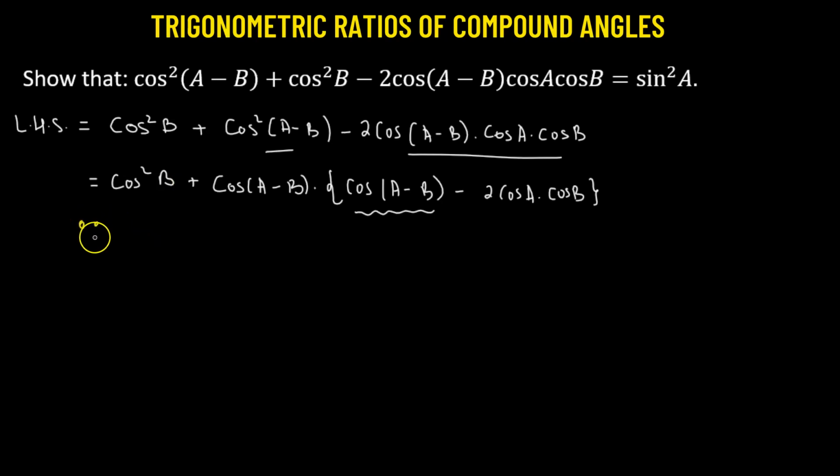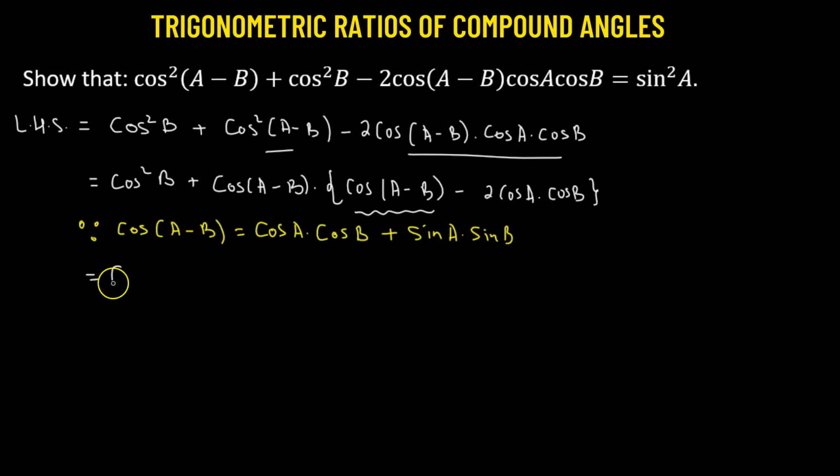Here we know for a fact that cosine of angle (A minus B) can be expanded to get cosine of angle A times cosine of angle B plus sine of angle A multiplied by sine of angle B. So this gives us cosine squared B plus, we're not going to expand it, we are going to keep it aside.